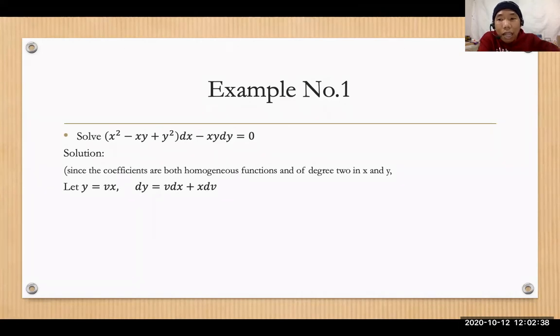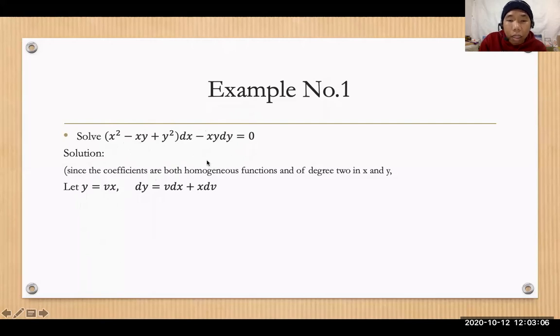So the resulting equation will contain variables v times x instead of y times x. Why did I choose y equal to vx? Take a look at the number of terms in each coefficient. For dx, you have a function that has three terms: one, two, three. For dy, it has only one term.